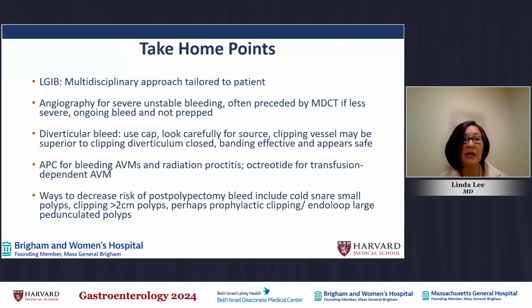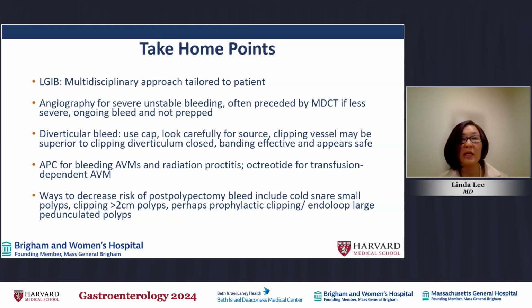For lower GI bleed, it's more of a multidisciplinary approach that's tailored to each patient. Again, angiography straight away should be considered for those who have severe unstable bleeding. It's often preceded by CT angiogram if the bleeding is less severe and ongoing, and certainly reasonable to do CT angiogram if the patient isn't prepped yet to do a colonoscopy.